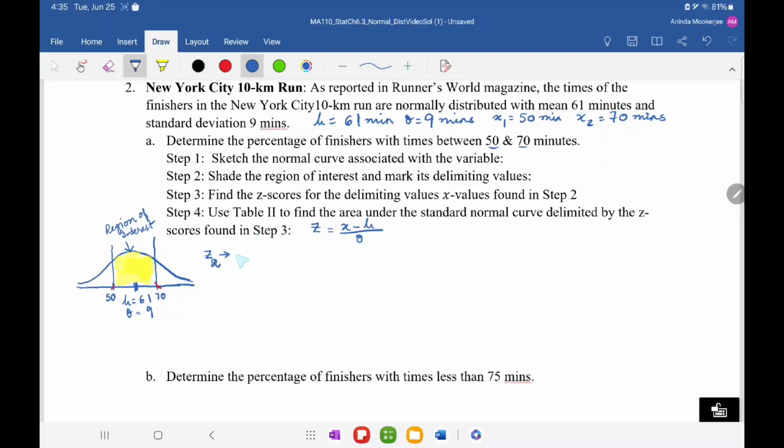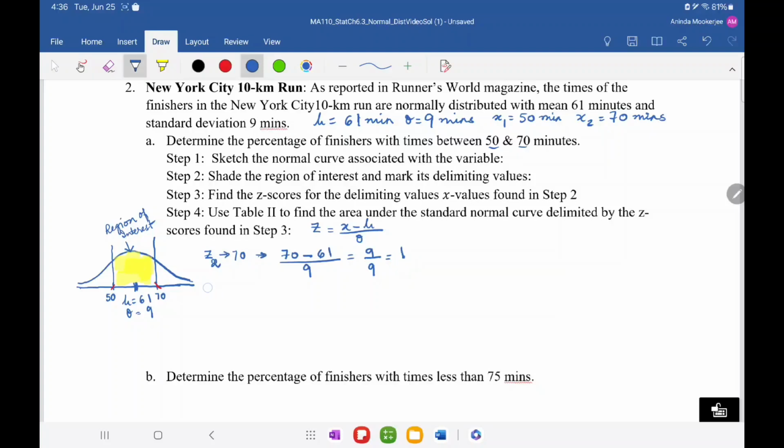So z sub 2 of 70 will be x, that's 70 minus 61 divided by 9, correct? So 70 minus 61 is 9, divided by 9 is 1.